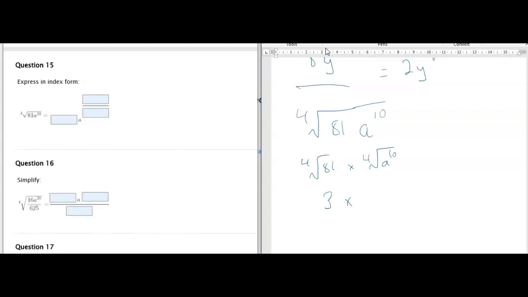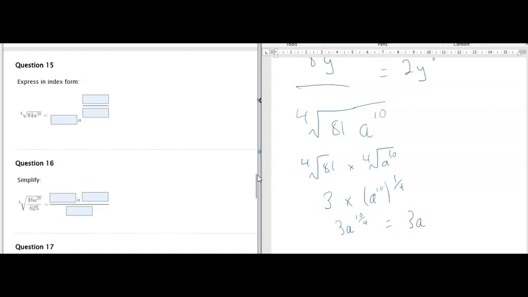Another way of writing the fourth root is to the power of a quarter. So that's going to be 3a to the power of 10 over 4. And this is where it's important that you simplify, because even though I'll be checking your answer, you should write it in its simplest form.